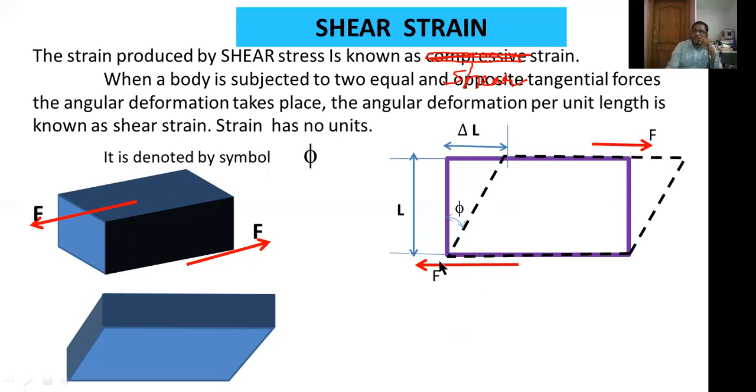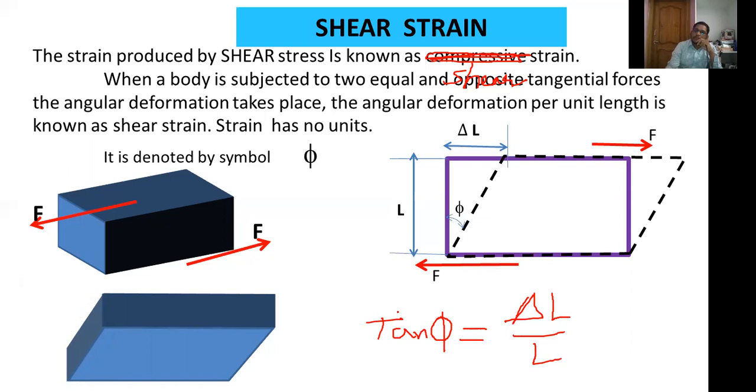Okay, if you are considering this triangle, by using trigonometry formulas, tan phi is equal to opposite side, that is delta L. Opposite side means change in length, divided by adjacent side. The adjacent side is the original length.